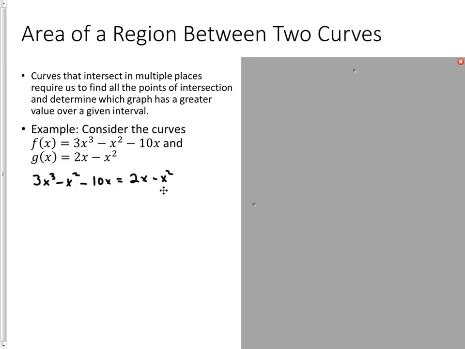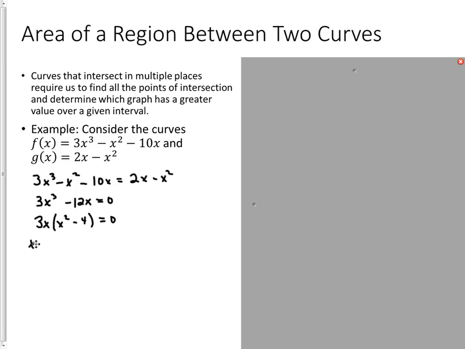To do that, I'm going to add my x squared term to the other side, subtract my 2x to the other side to get 3x cubed minus 12x, and we might recognize that 3x is a common factor, so let's factor that out. We're going to get 3x times x squared minus 4, setting each factor equal to 0.